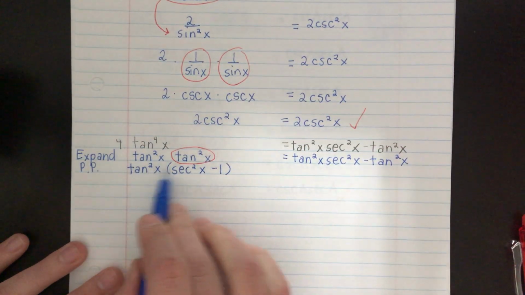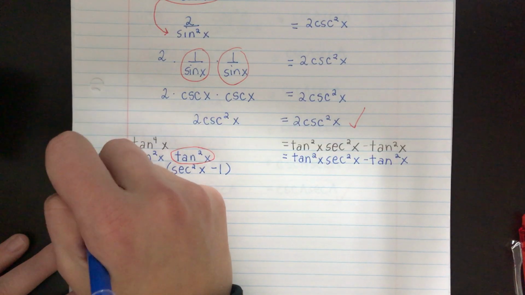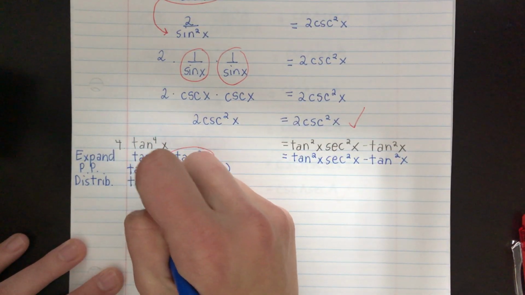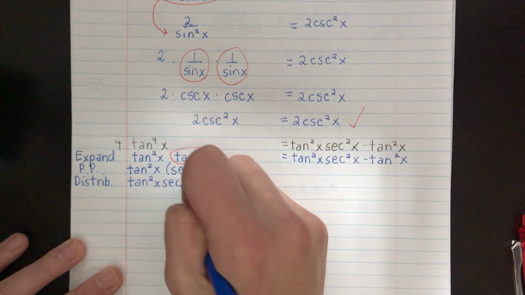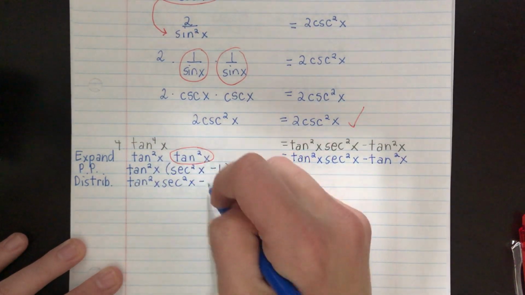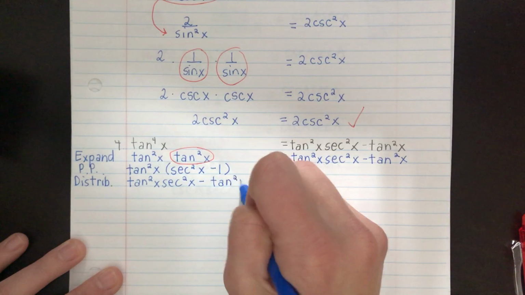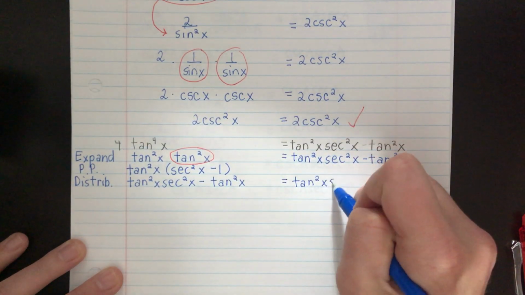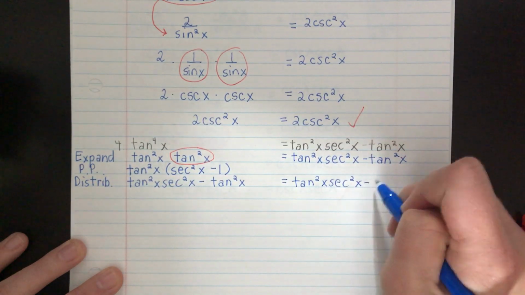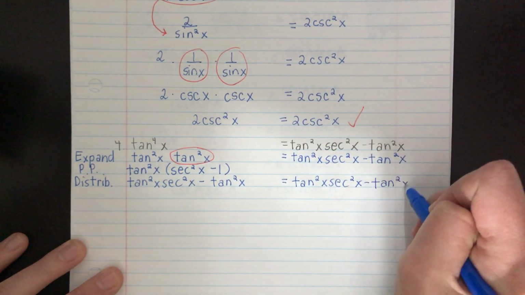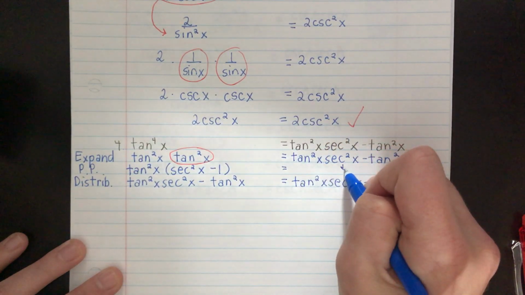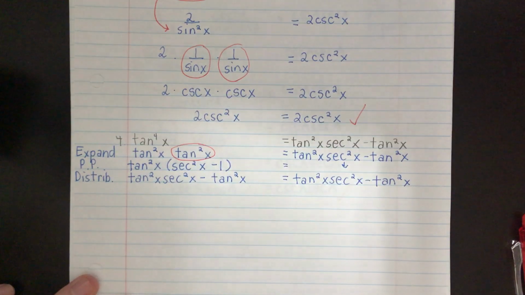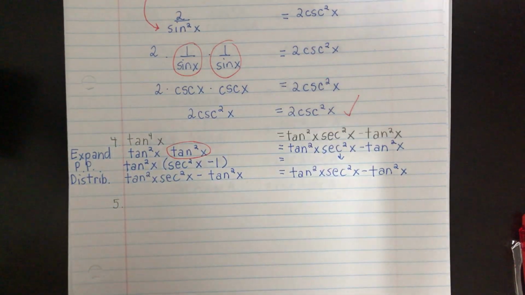Well, if you distribute, this would become tangent squared x secant squared x minus tangent squared x, which is exactly what we want. So of course this was supposed to come down. Okay, so we're done there. So then let's try one more.